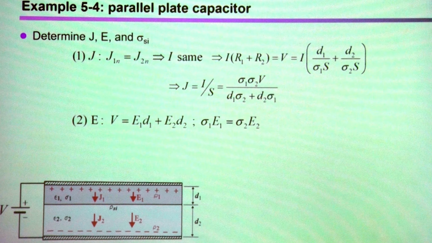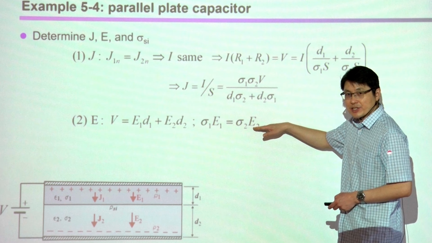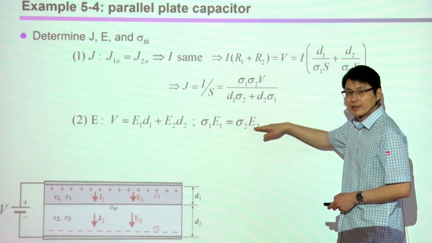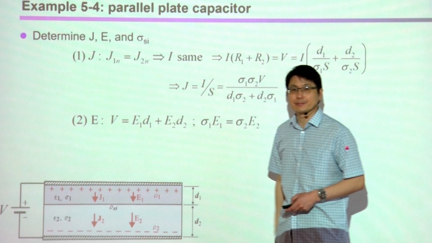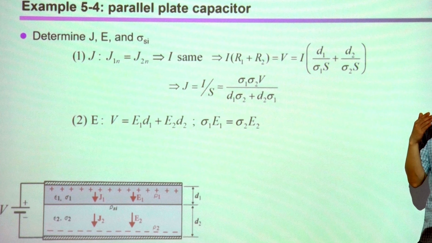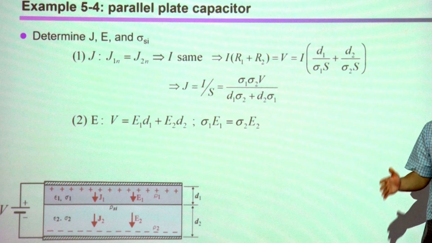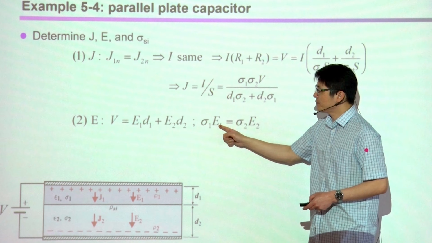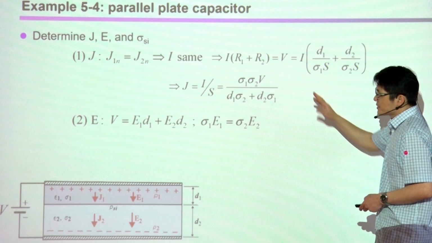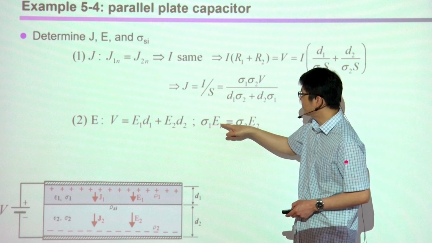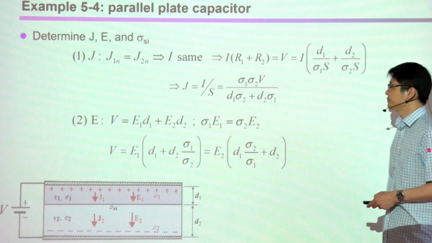Okay? Where is this coming from? This is actually coming from J, right? Because divergence of J is equal to 0 and J equals sigma E, you know that sigma 1 times E1 is equal to sigma 2 E2. Okay? So somehow we can reformulate here E1, E2 using the help of this equation.